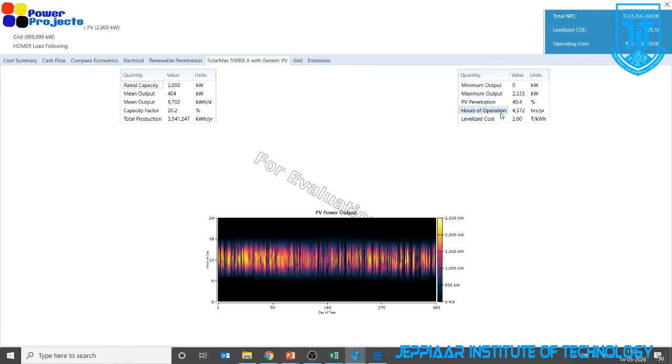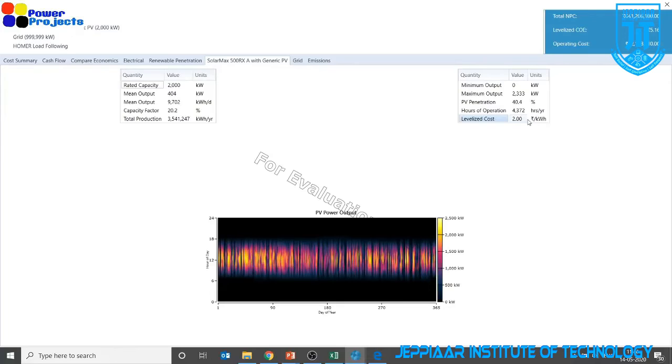And number of hours of operation, as we know, the solar will not be available for the entire 8760 hours, that is 365 days 24 hours. It is available only in the daytime. So it is available for 4,372 hours. What's the levelized cost of energy from solar alone? It is about 2 rupees. So that's the approximate cost of the energy.